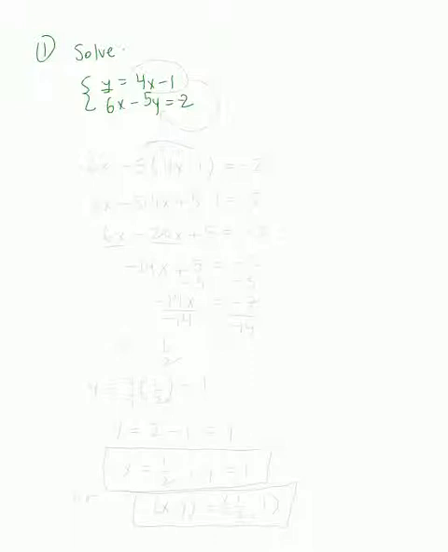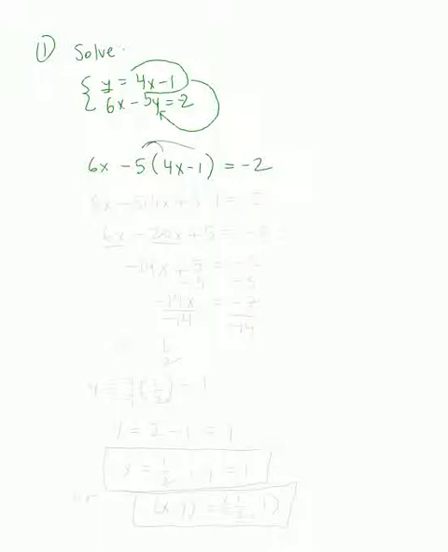So let's go on to step 2. It says substitute this expression into the other equation. So what I'm going to do is take this expression for y and substitute that into the second equation instead of y. So I end up with 6x minus 5 times y equals negative 2.